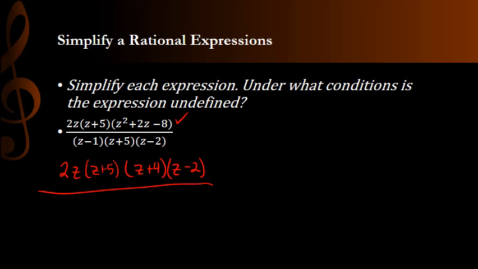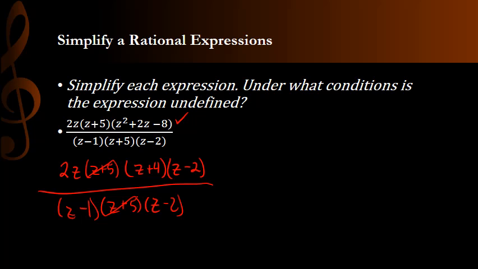And that's going to be over z minus 1 times z plus 5, and I'm getting ahead of myself, z plus 5 times z minus 2. So let's go ahead and start simplifying this thing. Well, I got a z plus 5 in the numerator and a z plus 5 in the denominator, so that's going to cancel.